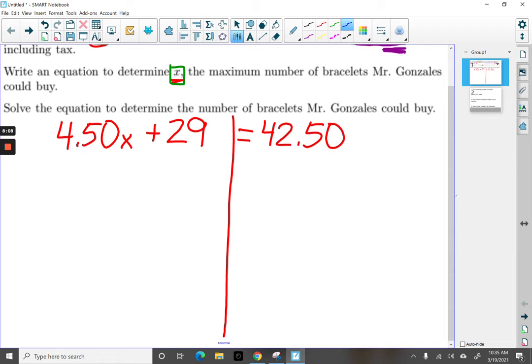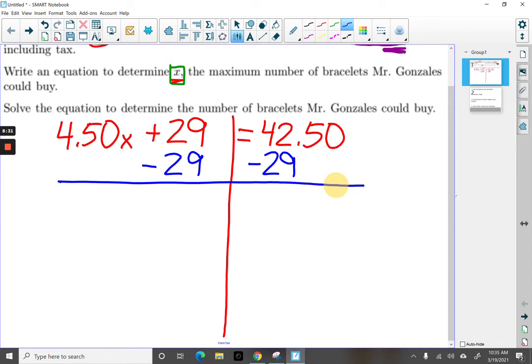So let's deal with this plus 29 and solve with the opposite. The opposite of plus 29 is minus 29. And of course, if I am subtracting from one side and this is supposed to be equal, we also need to subtract from the other side as well. Minus 29 from the left, minus 29 from the right.